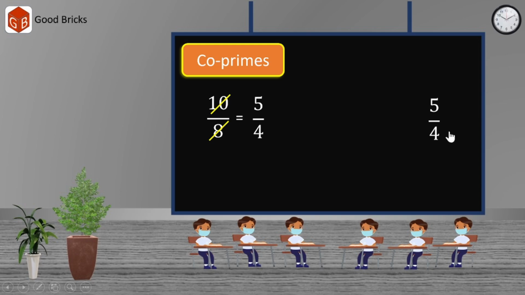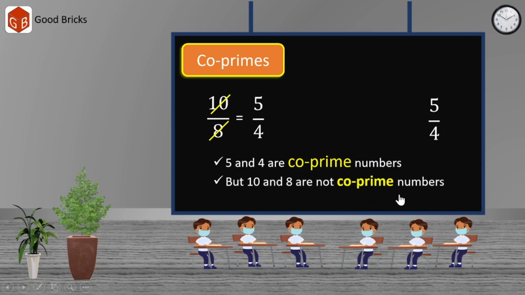Now do you think there is any other factor which can divide both numerator and denominator in 5 by 4? No. So now 5 and 4 are called coprimes, but 10 and 8 are not called coprimes. Hope you got the understanding of the definition. What is it? Numbers which are not having more than one factor are called coprime numbers.